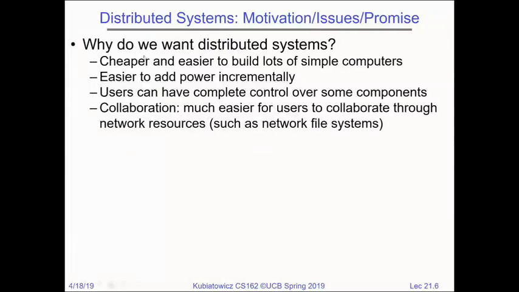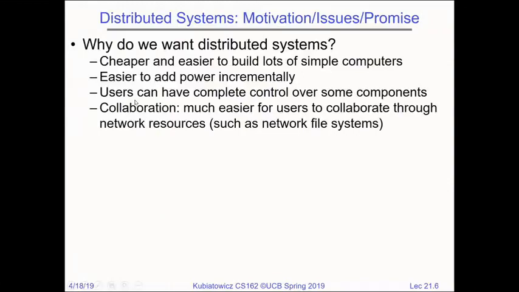Same idea here. It's easier to add power incrementally. So when you have a really big supercomputer, you really can't just add things to it. You've got to go to a bigger supercomputer. Whereas in a peer-to-peer or distributed model, you start adding computers or pieces to it, and things get incrementally more powerful.